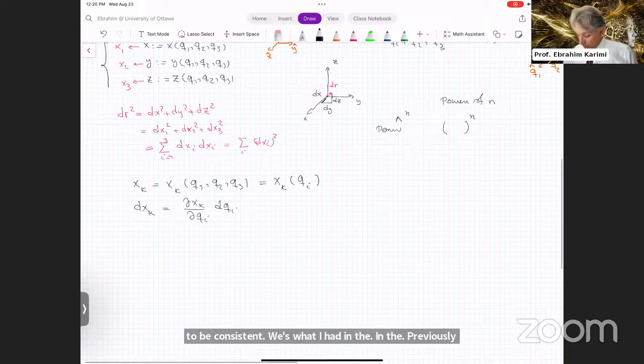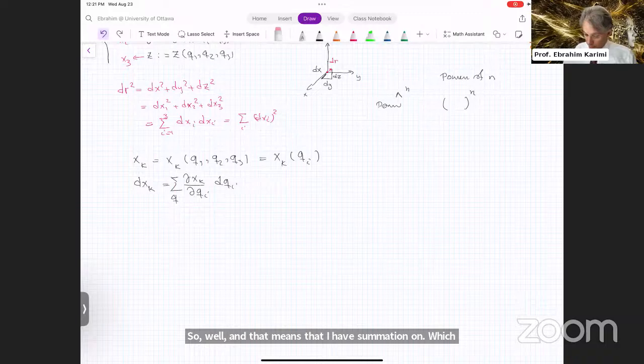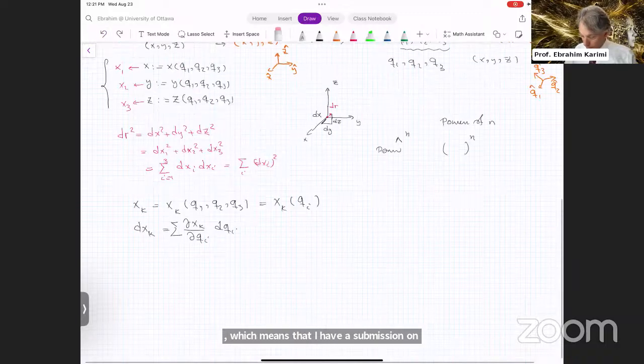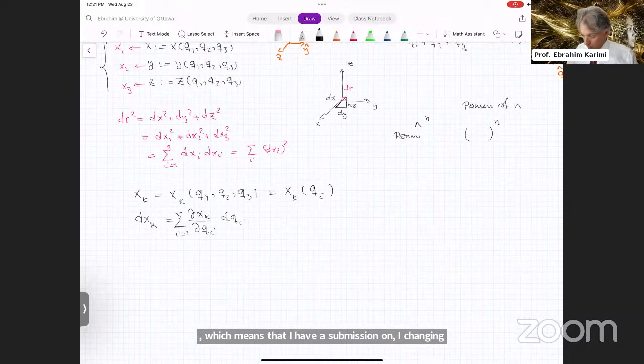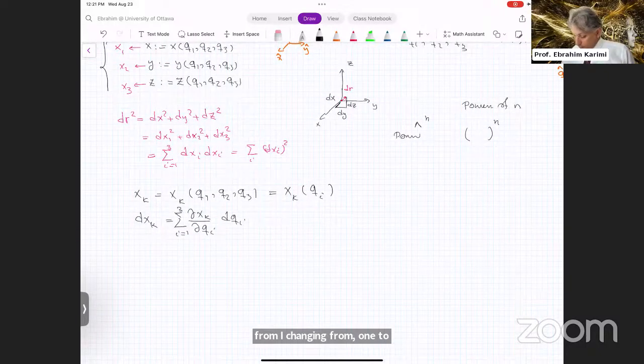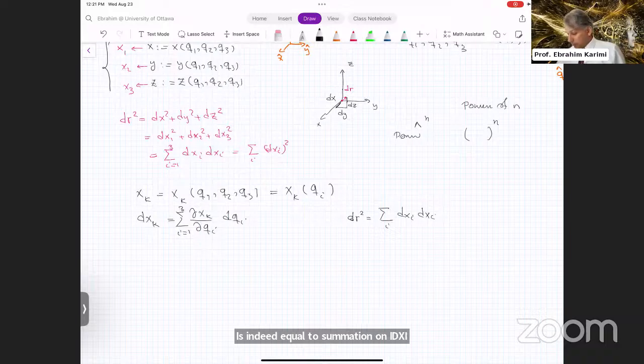So that means I have a summation on i, with i changing from 1 to 3. So dr square is indeed equal to the summation on i of dxi dxi, or I can write it, since the summation index is not important, as the summation on k of dxk dxk.